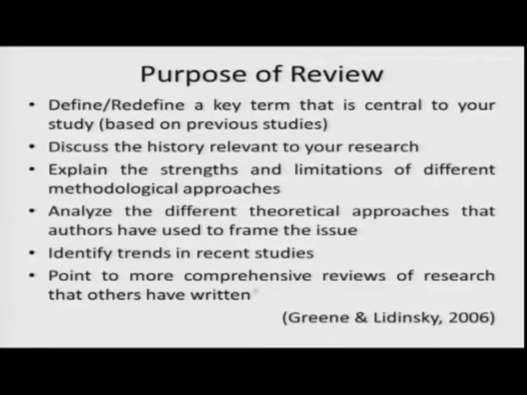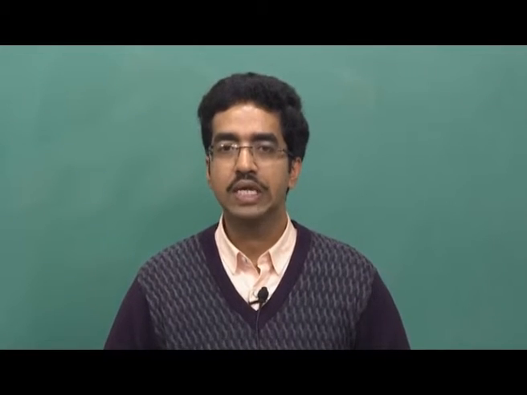Then point to more comprehensive reviews of research that others have written. There are these papers called state of the art reviews. These papers review prominent research, say in the last 20-30 years, and write an extensive review. So, you may not be able to access all the articles, you yourself may not be able to write such an extensive review, mainly for time, space constraints.